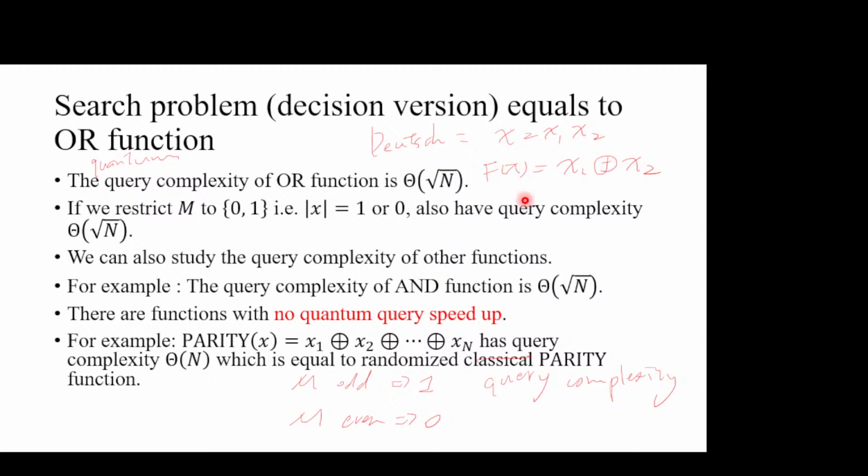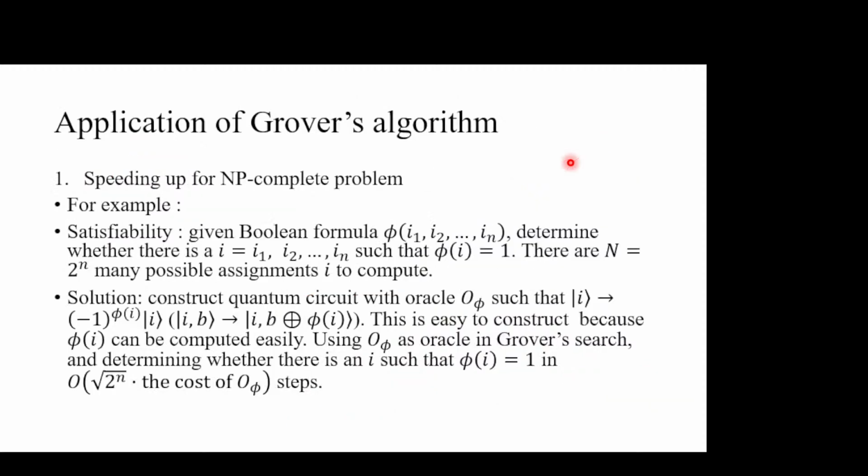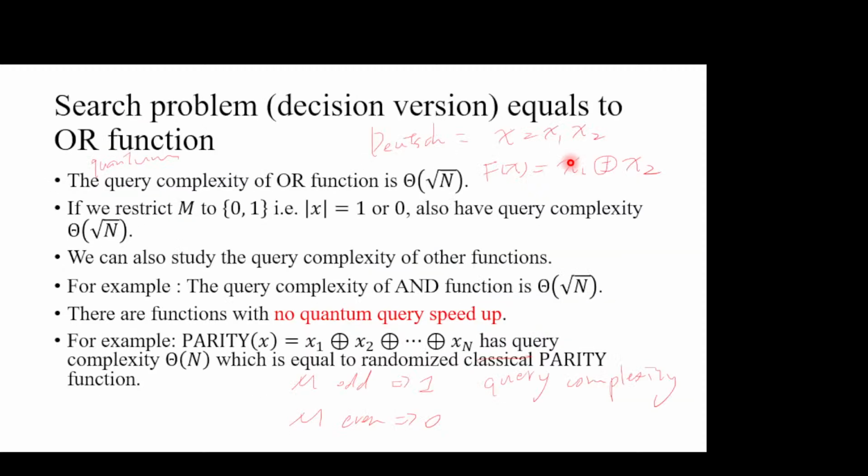So we are basically asking whether x1 plus x2 equals 0 or 1. We showed that this can be done in one quantum query, and of course that's the smallest you can get. So that was some problems and their query complexities.